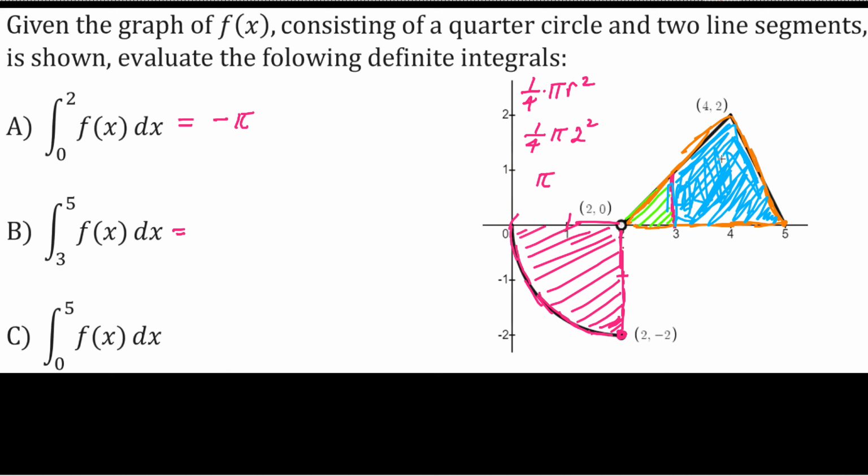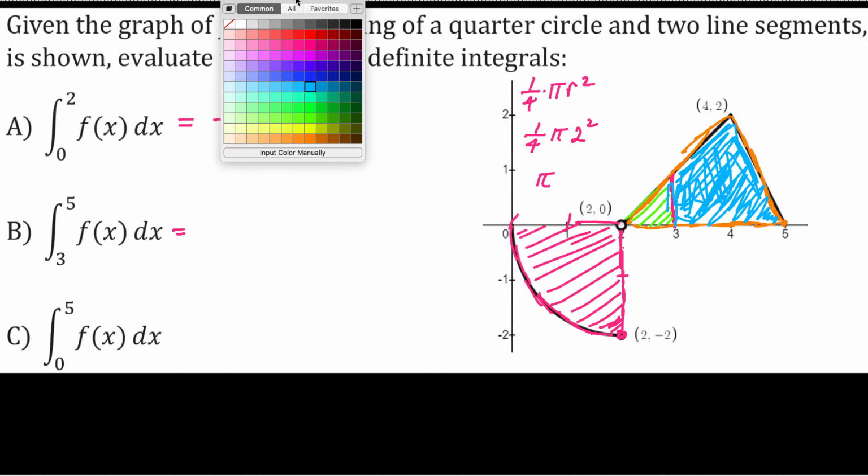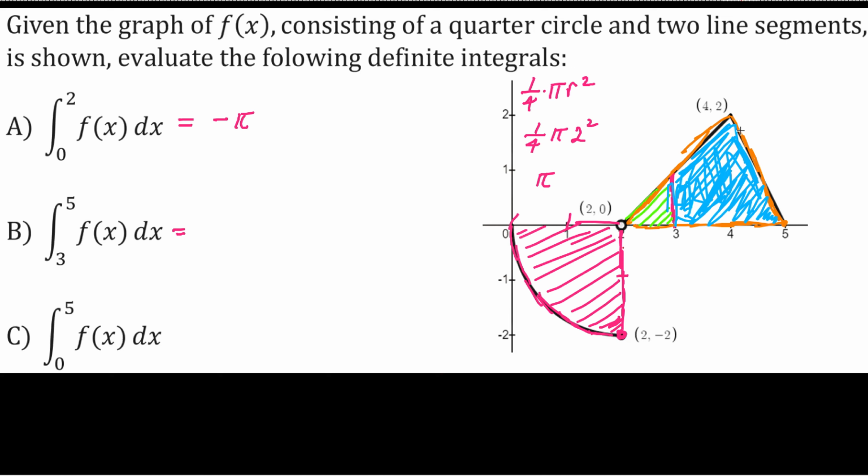And finding the area of this triangle is not so bad, because I can visually see that the height of this triangle is 2. The entire orange triangle, and then that's from 2 to 5, so that's 3. And then 2 times 3 is 6, and then divided by 2 is 3. So I know that the area of the entire orange piece, the orange triangle, is 3, minus.